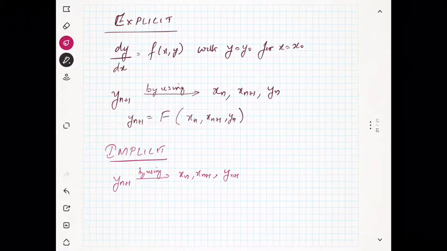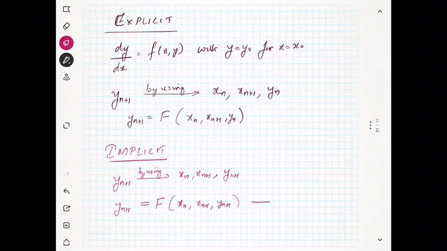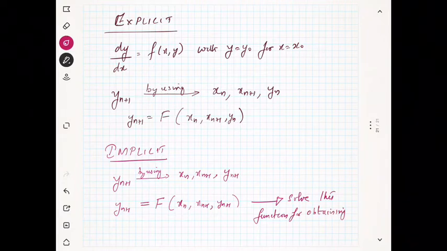It is possible only if you are writing an equation which contains yn plus 1 on both sides. That means you are writing an equation for yn plus 1 as a function of xn plus 1 and yn plus 1. Then after that you will solve this function for obtaining yn plus 1. Okay, so this is known as the implicit method.